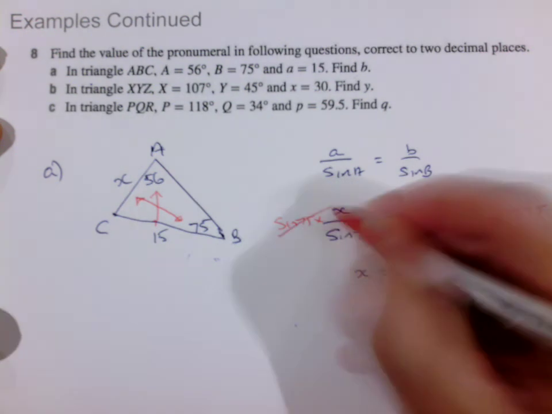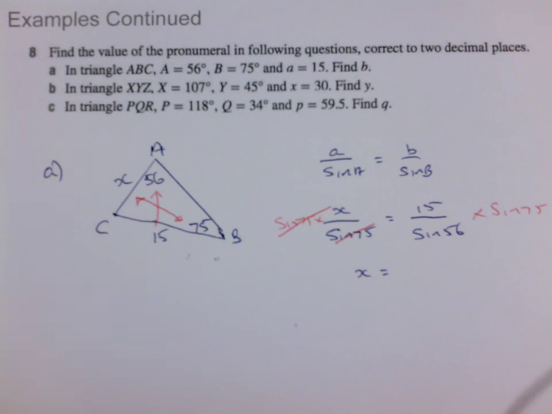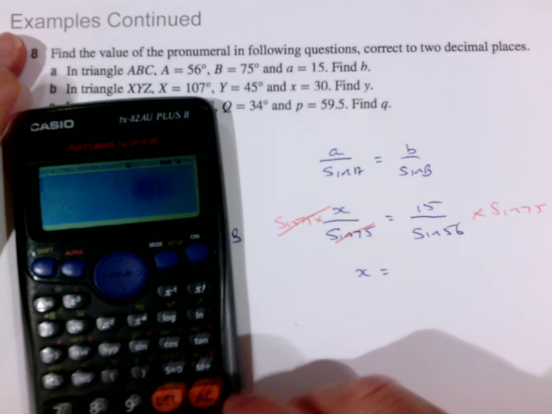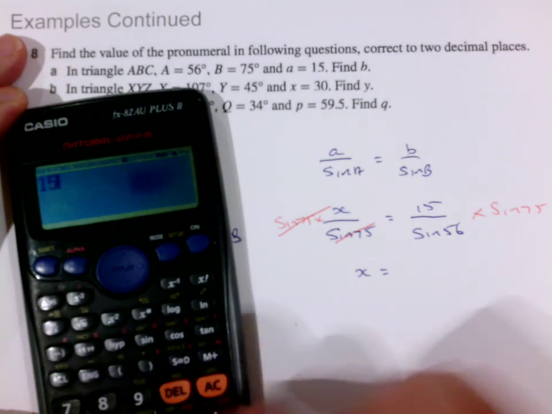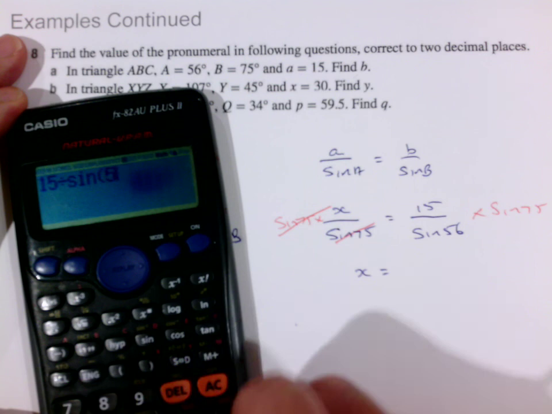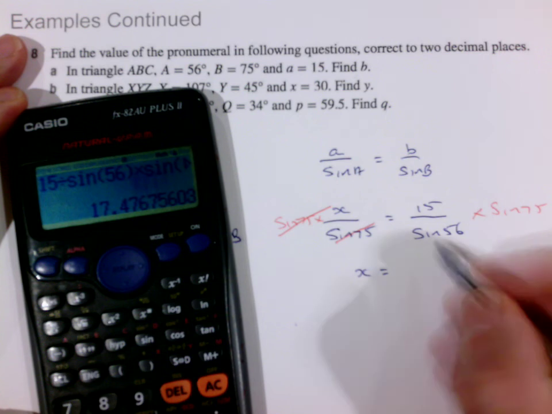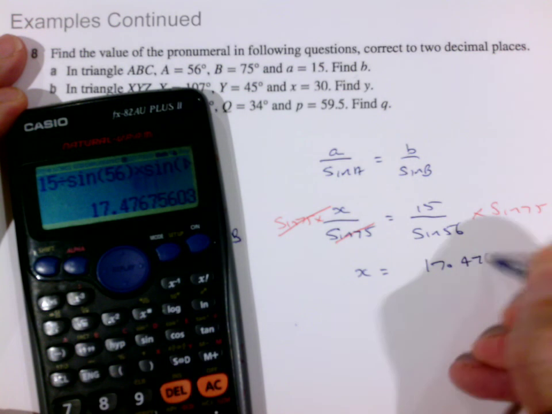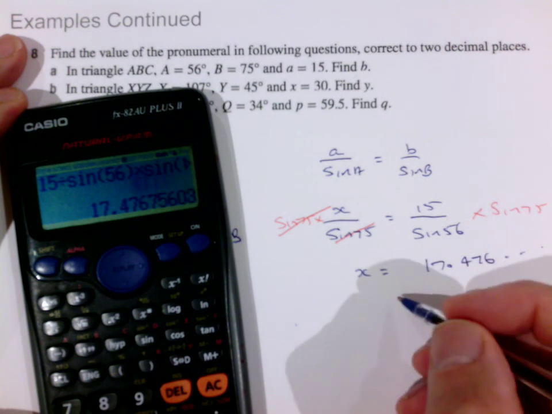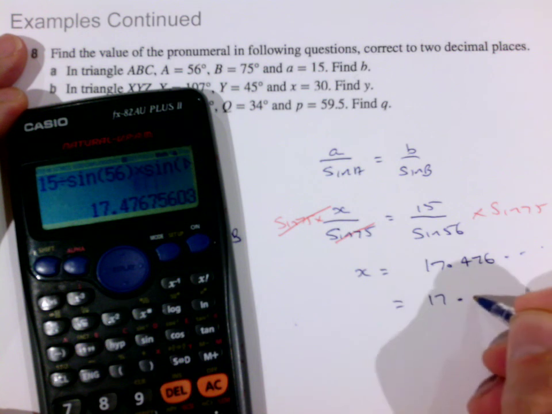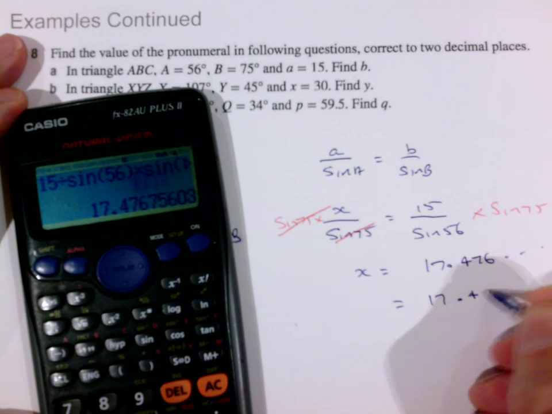Cancel, cancel. Grab the calculator. So I get 15 divided by sine 56, close the brackets, times sine 75, 17.476, and we're going to two decimal places, so we get 17.48.